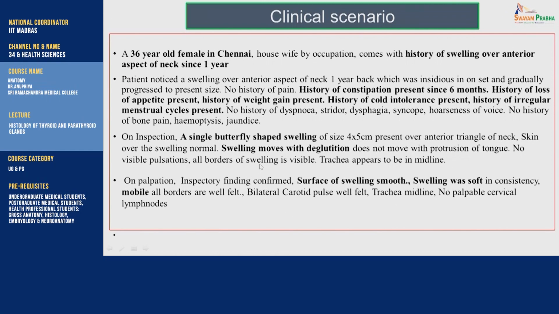It has no compressive features, so you can see that there is no history of dyspnea, stridor, dysphagia, syncope, hoarseness of voice, etc. So this is a confirmed case of enlargement of the thyroid called goiter.